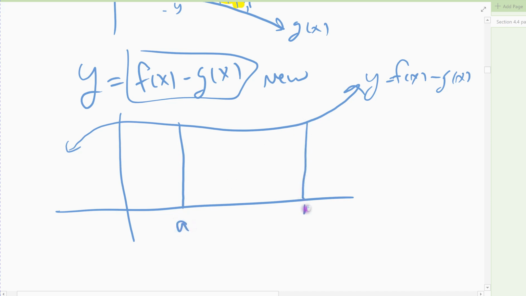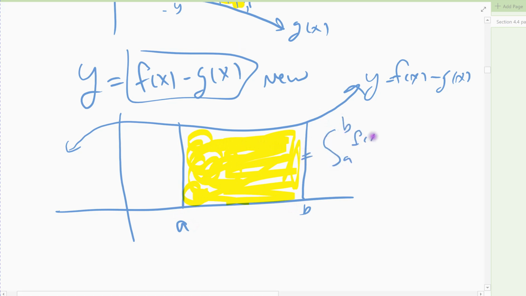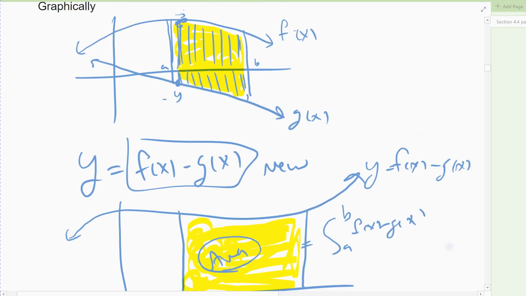If I go from A to B, this area I can solve with the fundamental theorem of calculus. I can find this by integrating. This area is a different shape, but it's exactly the same size as this original area here.